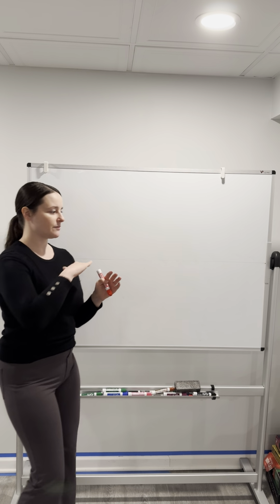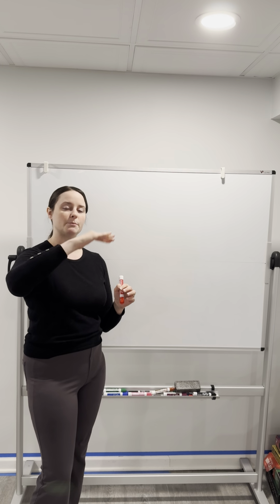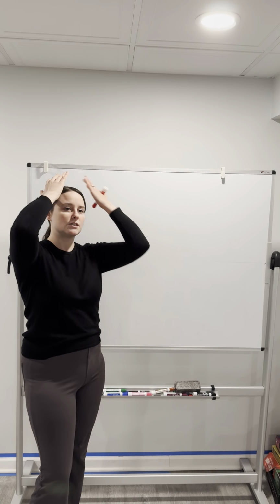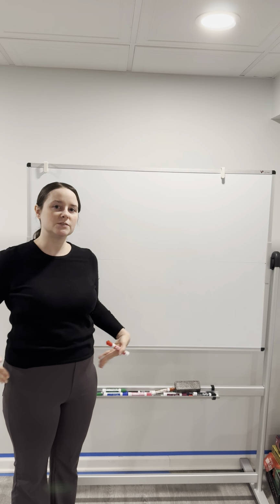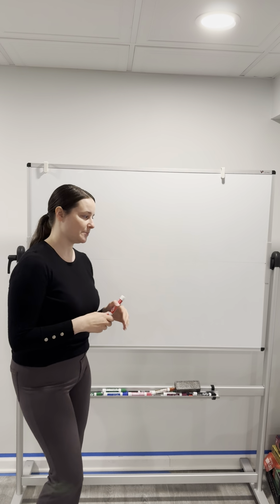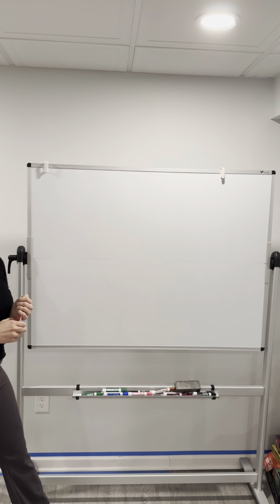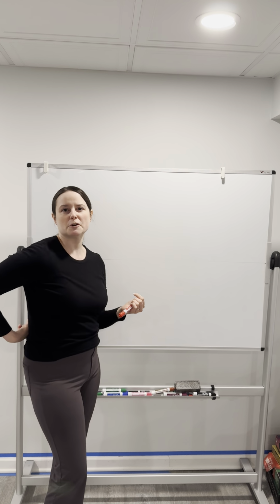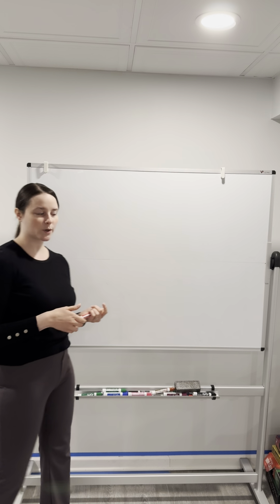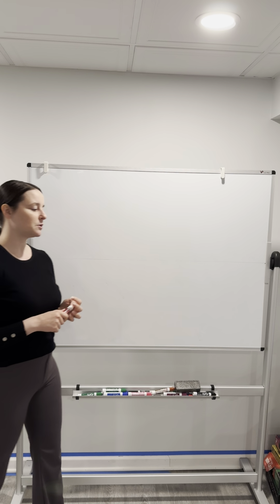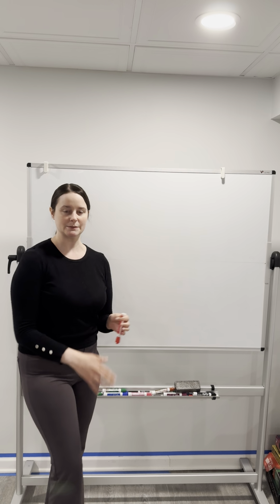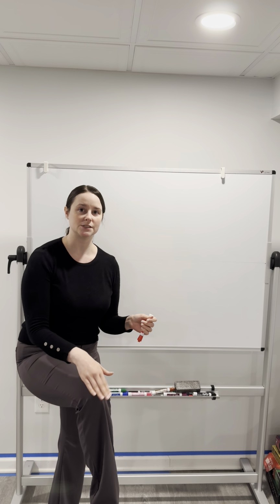Flat bones, they have thin layers of parallel plates. So these would be like the cranial bones, the coxal bones of the hip. Irregular bones, these have a complex shape to them. So these would be like the vertebrae. They don't fall into any other category. And then finally, sesamoid bones, which are shaped like a sesame seed. So this would be like the patella bones, the kneecap bones.